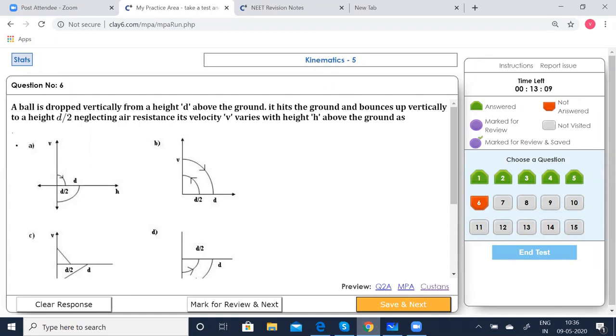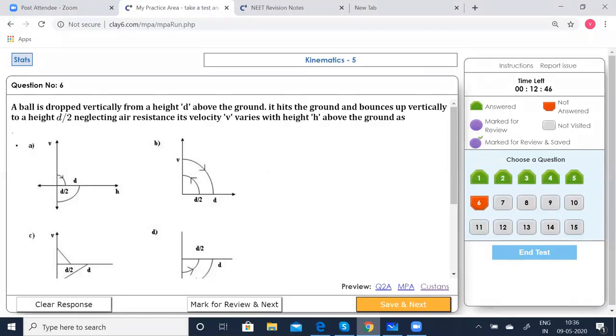Once it reaches the maximum height, we saw that the velocity is 0, and then it is going to come down. Once it comes down, it is going in the downward direction, and the magnitude keeps increasing.